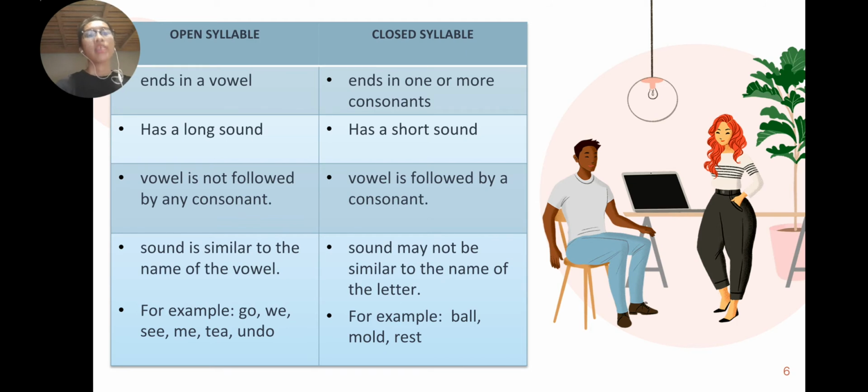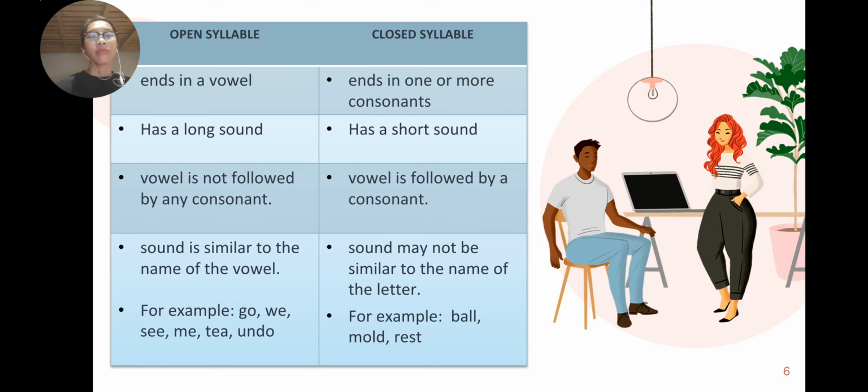Open syllable ends in a vowel. Closed syllable ends in one or more consonants. For the sound, the open syllable has a long vowel sound, while the closed syllable has a short vowel sound. For open syllable, the vowel is not followed by any consonant, while in closed syllable the vowel is followed by a consonant.